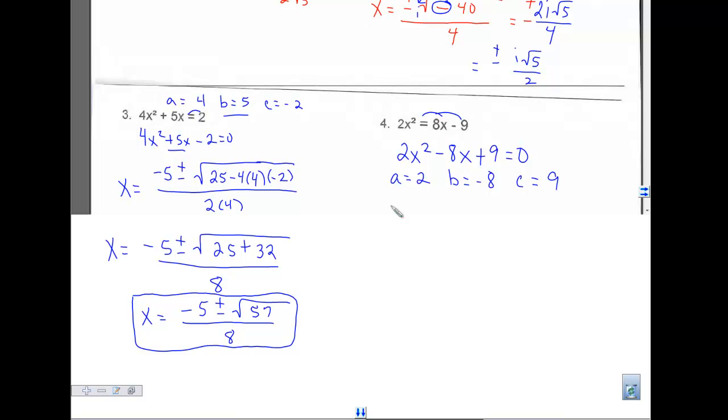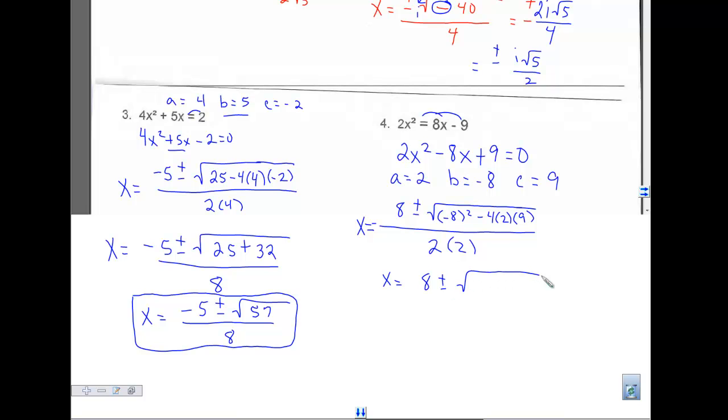So into our formula, the opposite of B is positive 8 plus or minus the square root of B squared minus 4 times A times C, all over 2 times A. This is x equals. So we have 8 plus or minus the square root of negative 8 times negative 8 is 64, minus 72, all divided by 4.